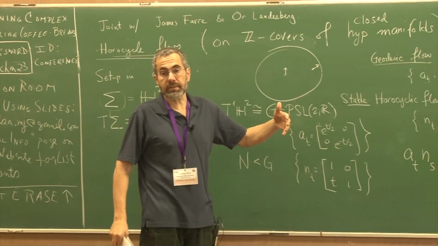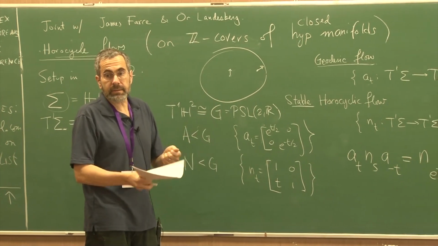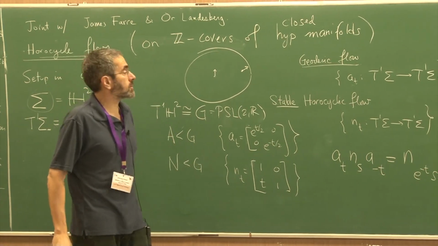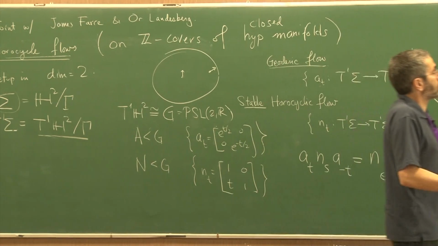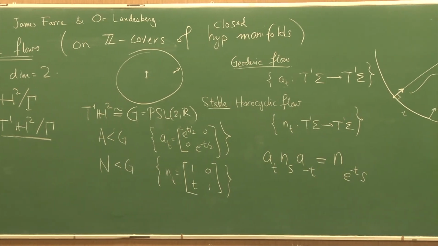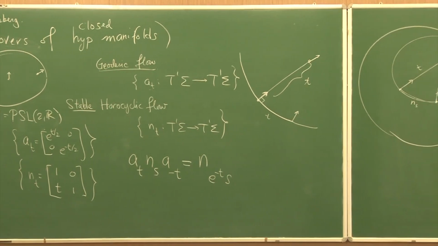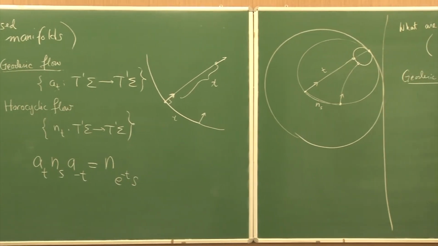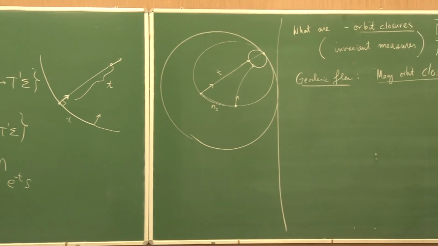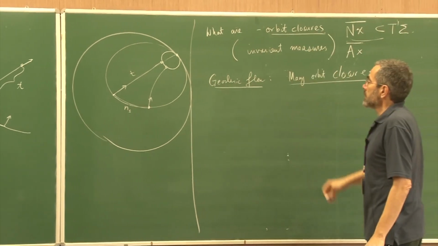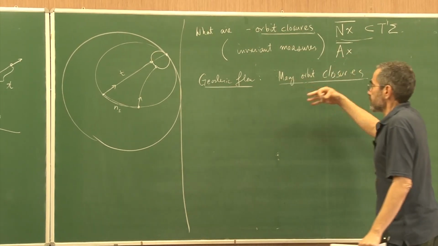The geodesic flow is an Anosov flow. It has expanding and contracting directions. It produces a hyperbolic dynamical system. So it has many, many periodic orbits and many things which are invariant, which are closures, but are not the full thing. There's a very rich structure of orbit closures and of invariant measures. So it's very wild or flexible.